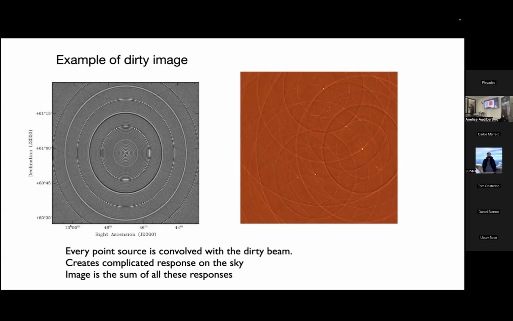Then, on a piece of paper, I write down this position, a point source of this flux. Next iteration, you go to the next source, which is then the strongest after subtracting this one, and you do the same. You write down the second source, this position, this flux, and so on.